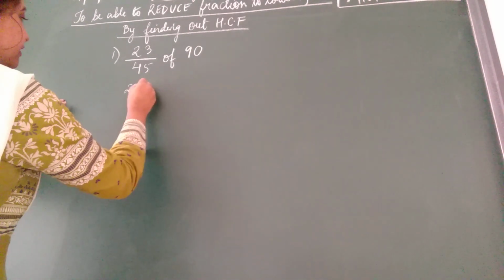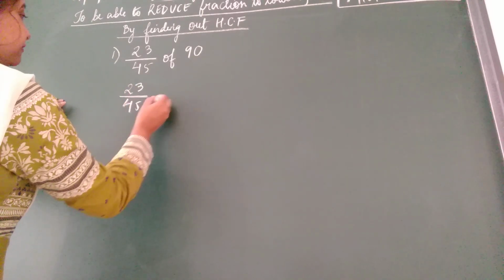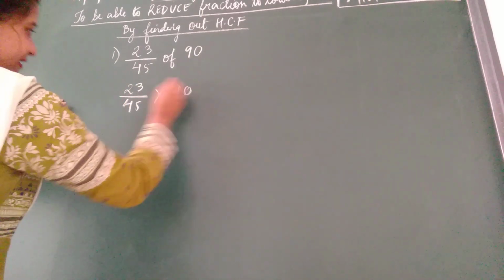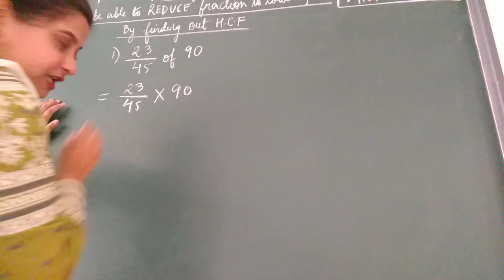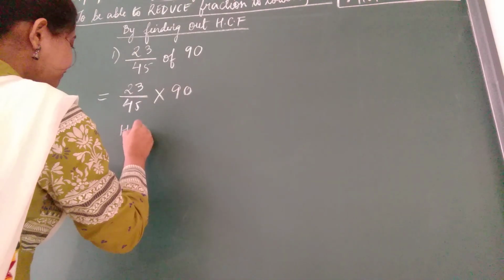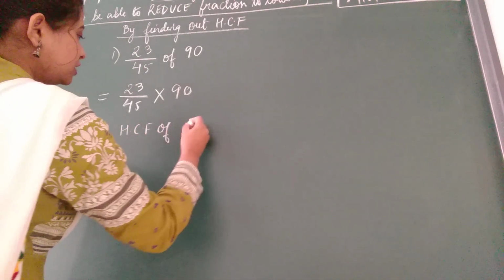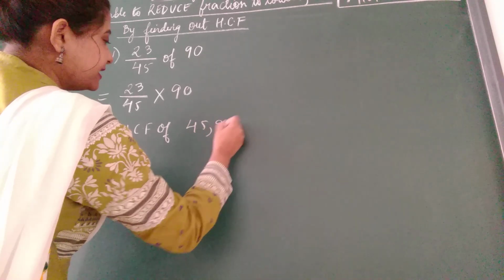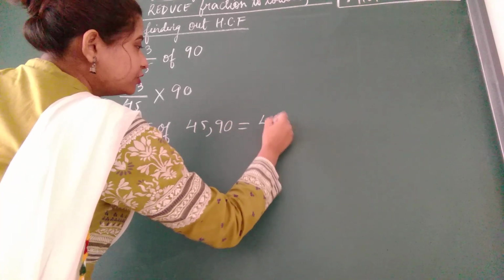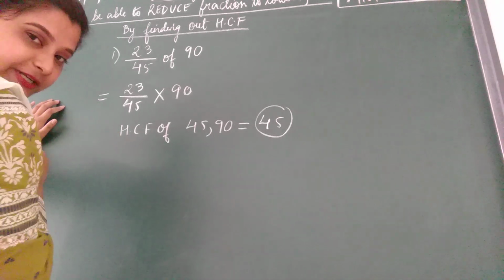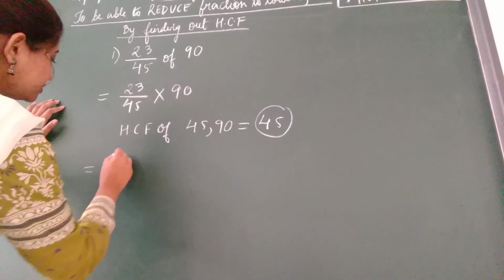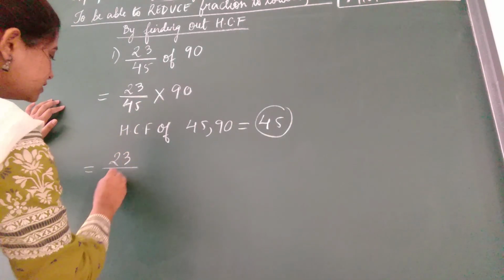So 23 by 45 into 90. Alright. Now HCF of 45 and 90 is equal to 45. Alright. So see how we are going to convert this into lowest form.